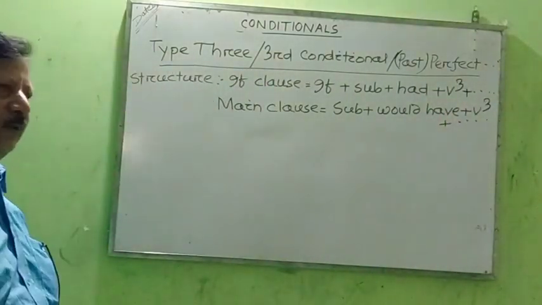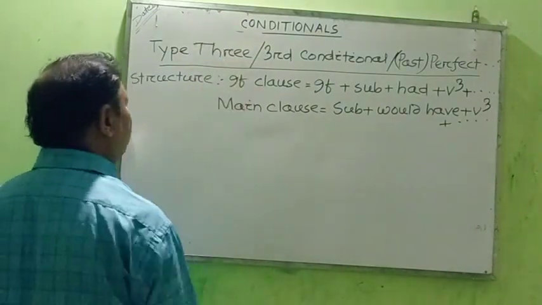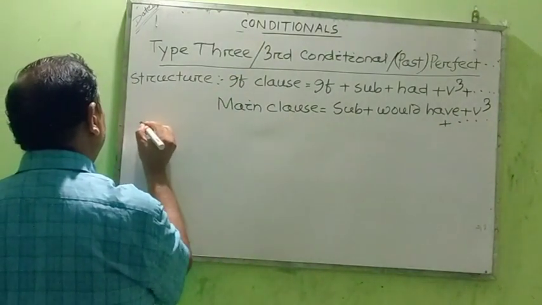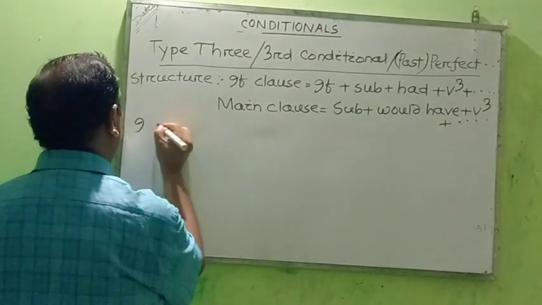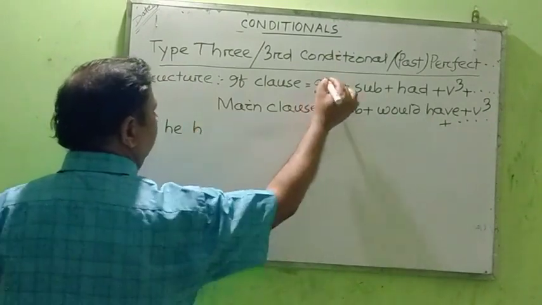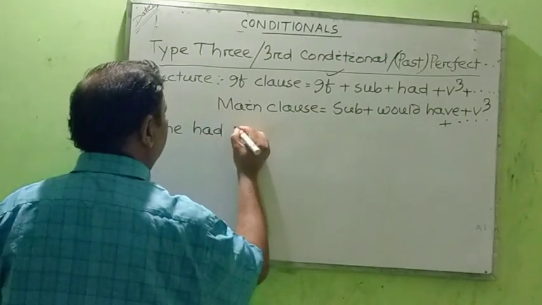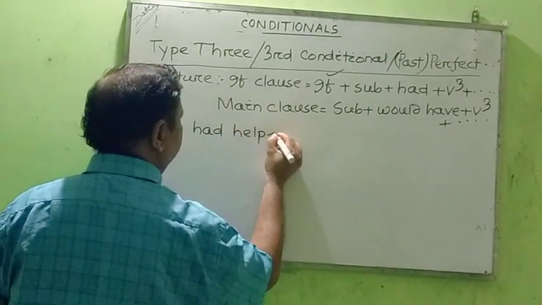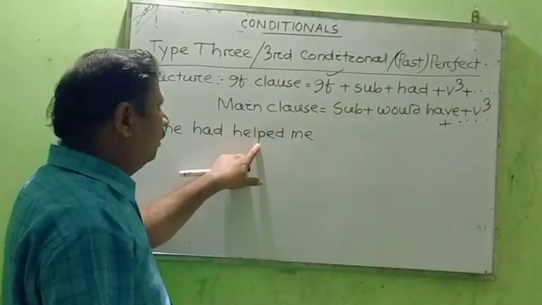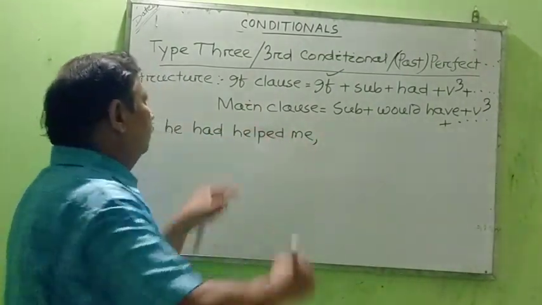Suppose we want to write an example of the third conditional. It will be: if he had helped me. Here he is the subject, then had, helped is the verb 3 form, and me is the object. Now let us come to the main clause.